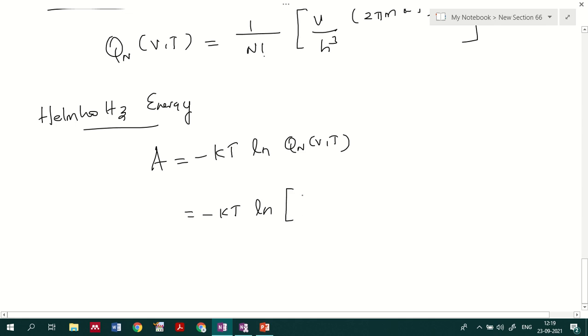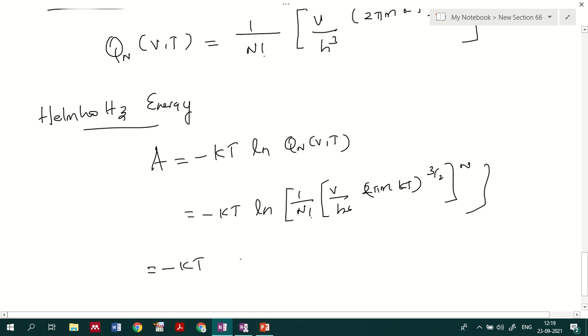So that is 1 by n factorial (V by h cubed)(2 pi m kT)^(3/2) raised to n. Okay, so this is our representation. And now we know that when taking the factorial representation of a logarithmic value, first I can write this as minus kT.